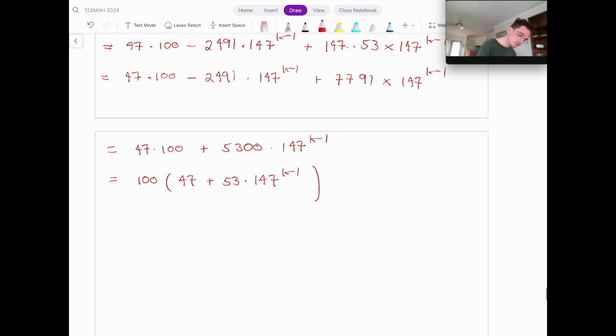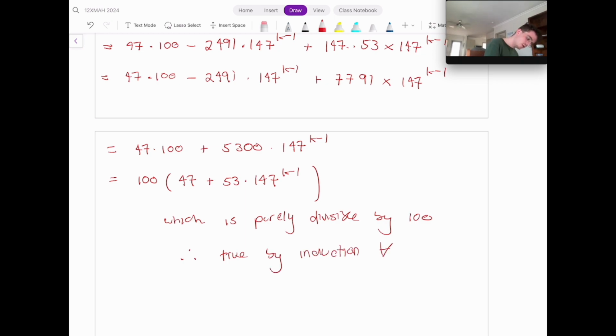And we're done, which is purely... Is it EL? I always get this wrong. Therefore true by induction for all n belonging to the positive integers, and we're done.